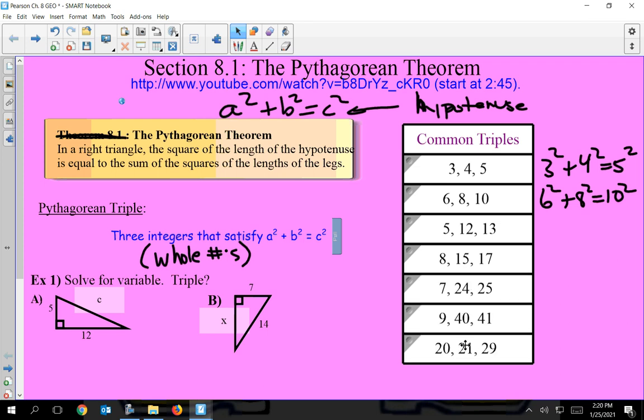You might see them once in a while, okay? So those are common Pythagorean triples. The first three, you'll see those, and if you're studying and being focused on what we're doing, you might be able to just recognize them for what they are, and then it's a pretty easy problem, okay?